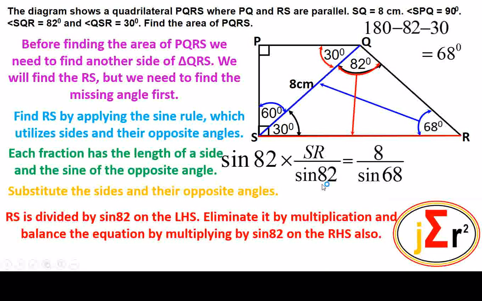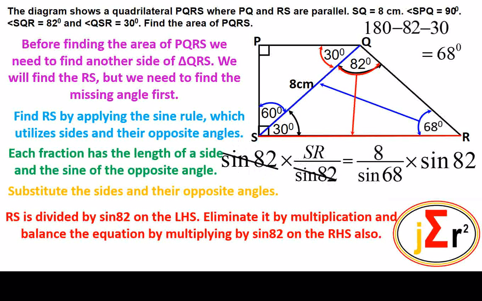And as usual, for an equation, whatever we do to one side in order to change its value has to be done to the other side in order to change its value in the same way. We therefore need to multiply by sine 82 on the right-hand side. On the left-hand side, multiplying by sine 82 is with the intention to eliminate the sine 82 in order that we will have SR all by itself. On the other side, we are multiplying by sine 82 in order to balance the equation.